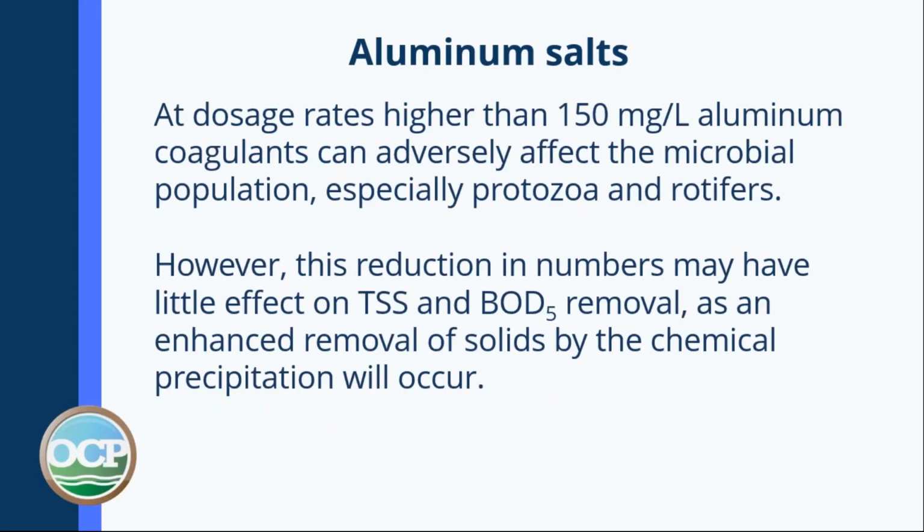At dosage rates higher than 150 milligrams per liter, aluminum coagulants can adversely affect the microbial population, especially protozoa and rotifers. However, this reduction in numbers may have little effect on TSS and BOD removal, as the enhanced removal of solids by the chemical precipitation will occur.